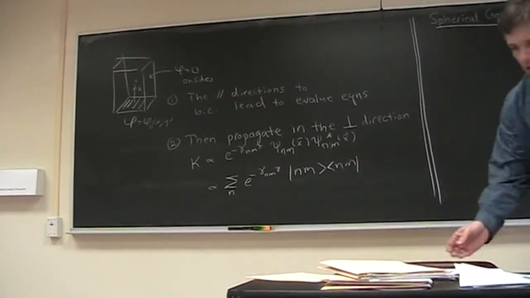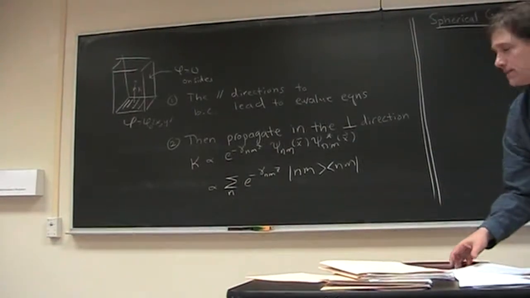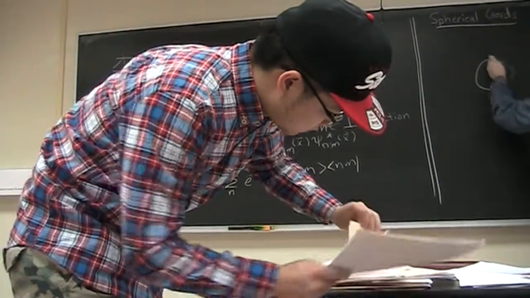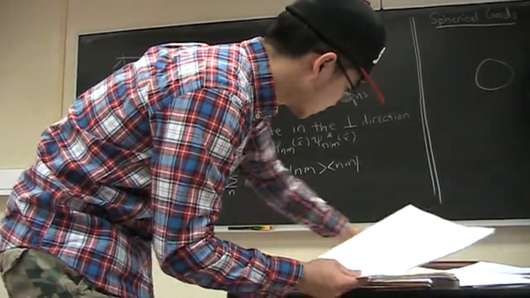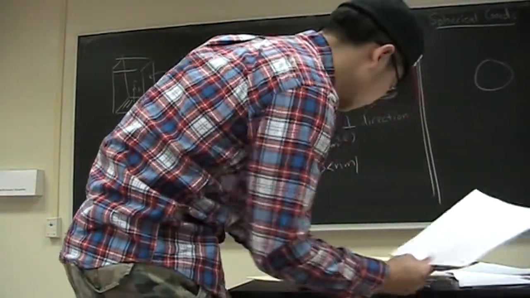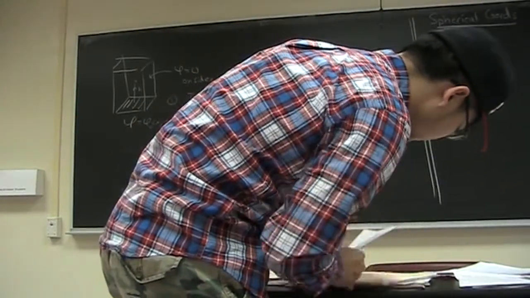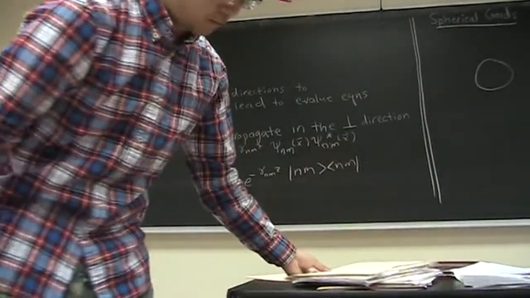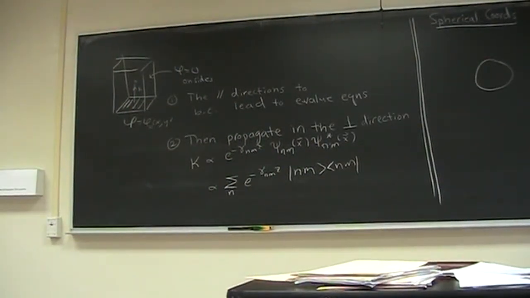So let's take this kind of famous problem, which is just you have a neutral metal sphere. The sphere has radius A.